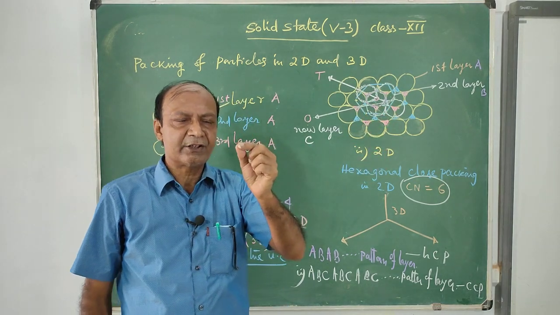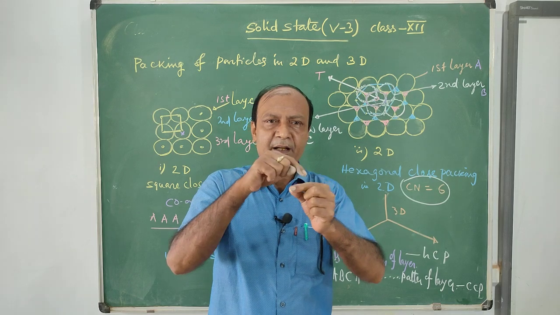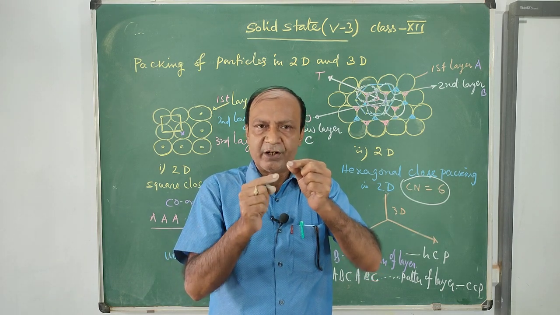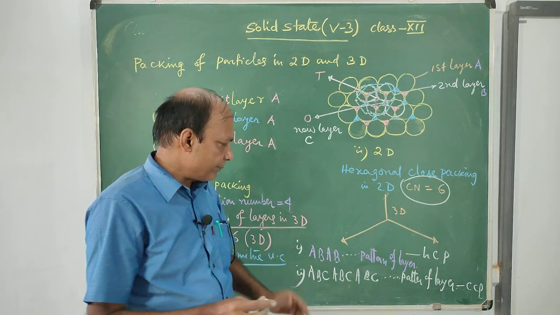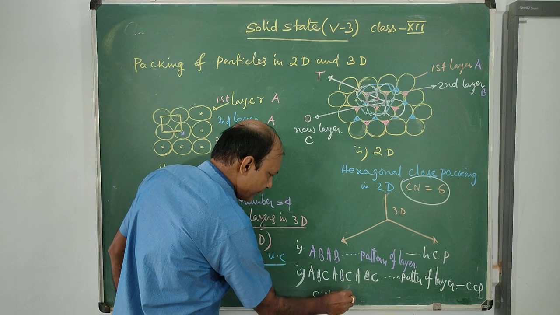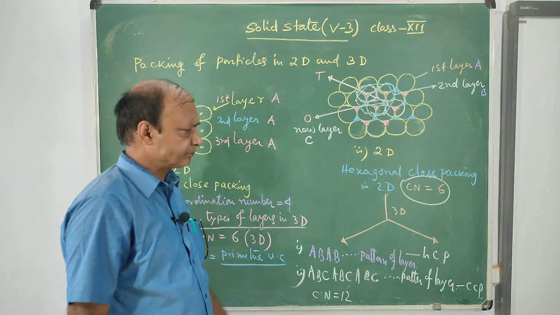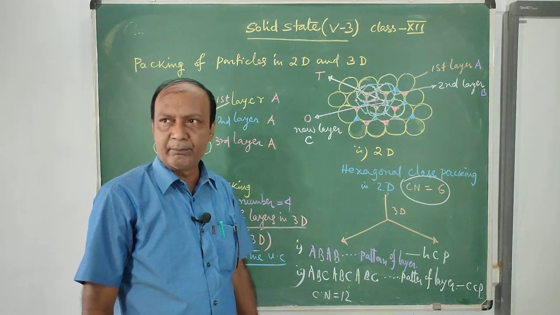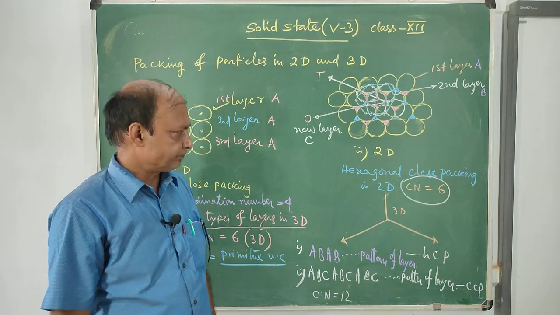If you take any reference particle, there will be 6 particles around it, 3 particles above, 3 particles below. So the coordination number will go up to 12 in both cases. In HCP and in CCP, the coordination number will become 12.